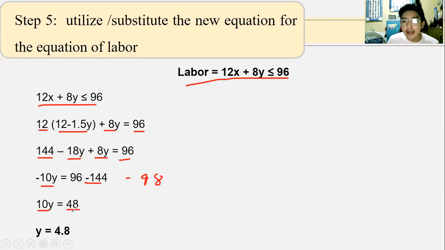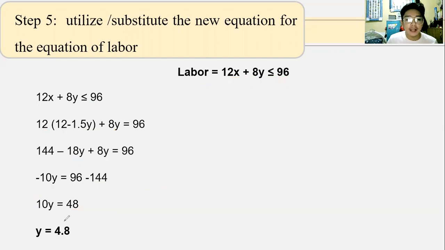In order to get the value of y, we divide the equation by 10. 10y divided by 10 is just y, and 48 divided by 10 is 4.8. Now we have the value of y, and what we are missing is the value of x. So let's now solve it.